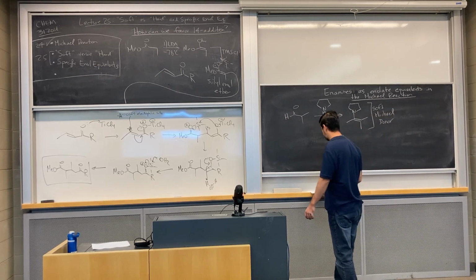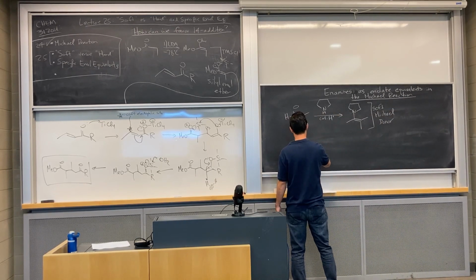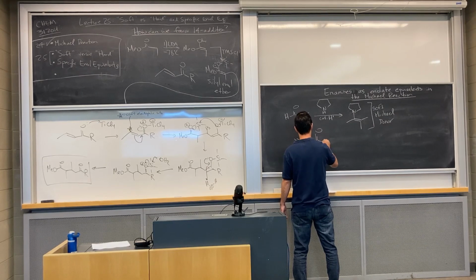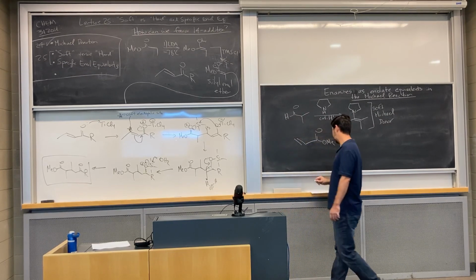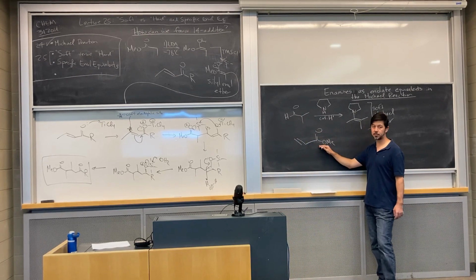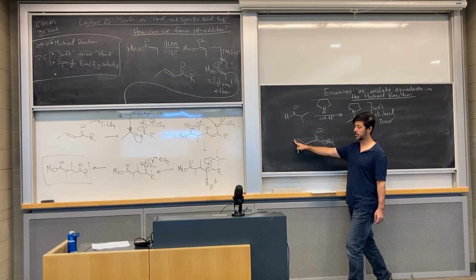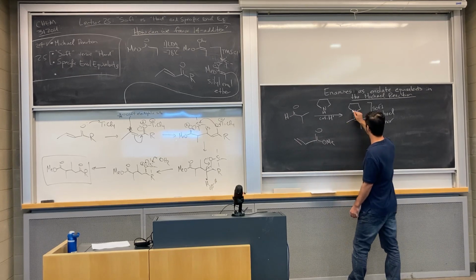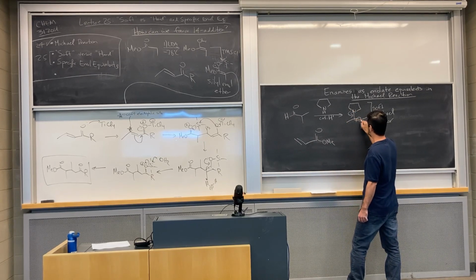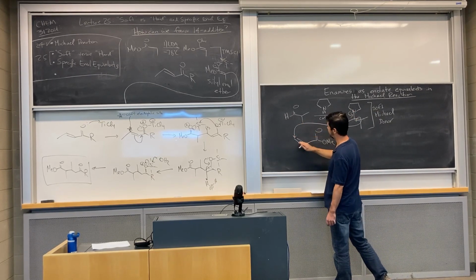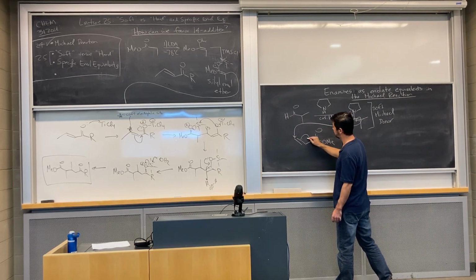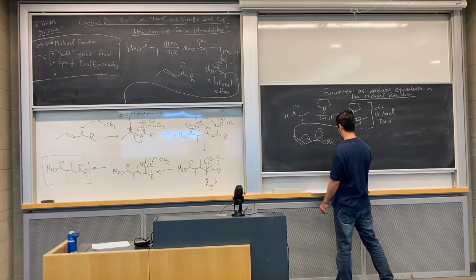So the soft Michael donor, when we react it with this electrophile here, that's your hard electrophilic site. This is your soft electrophilic site. So this will come down and it will react at this position here, so we can get 1,4 conjugate addition.